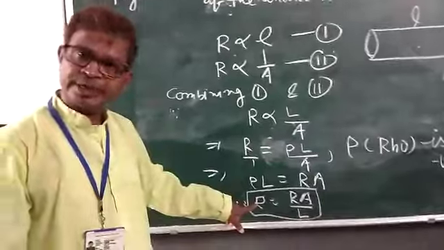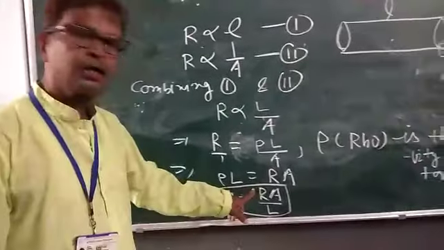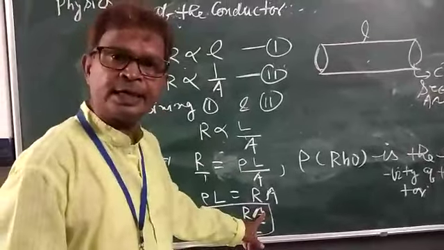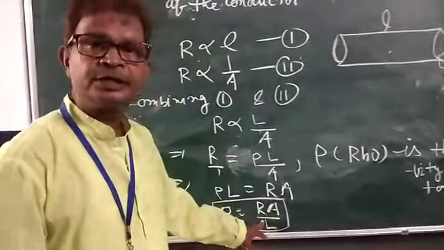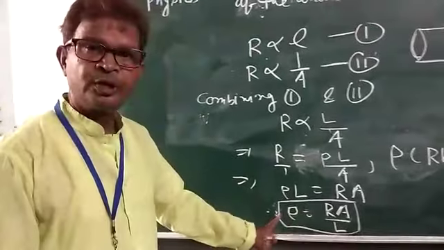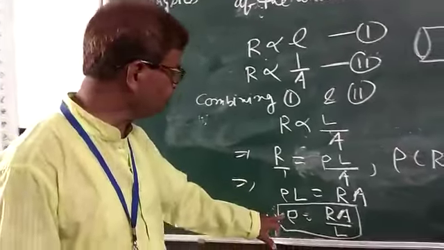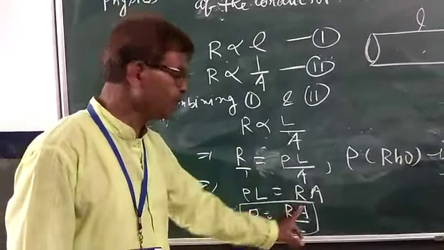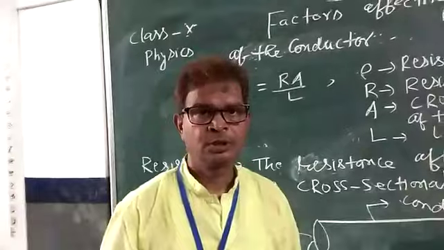Rho is the resistivity of the conductor, R is the resistance of the conductor, A is the cross-sectional area of the conductor, and L is the length of the conductor. So we have the expression for resistivity as rho equal to R A by L.